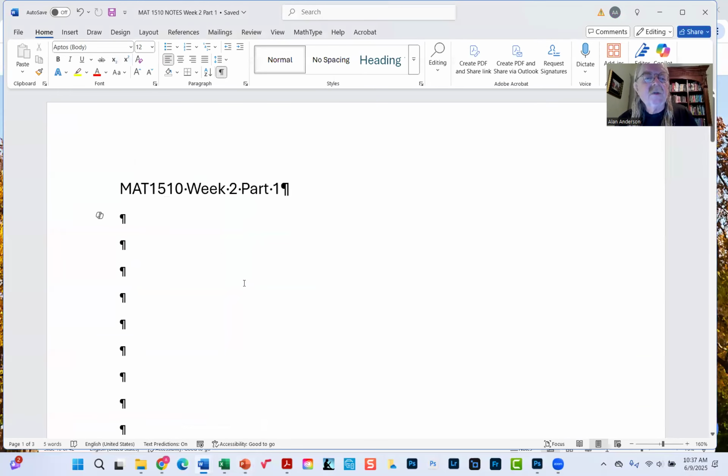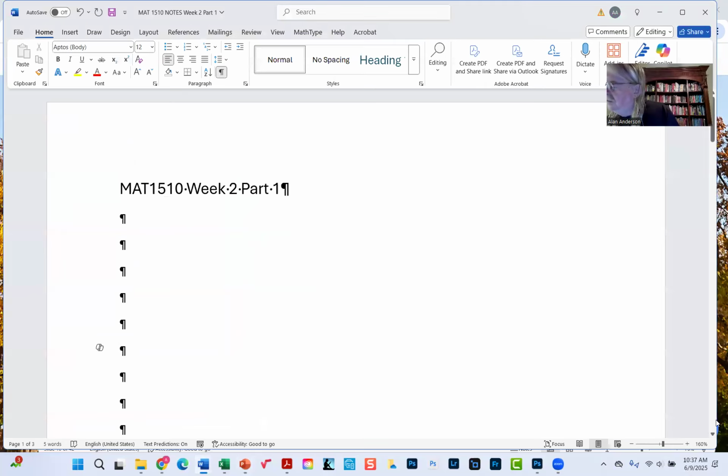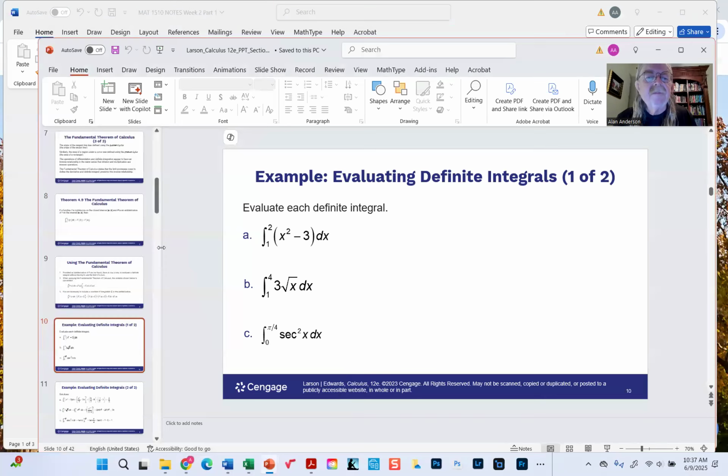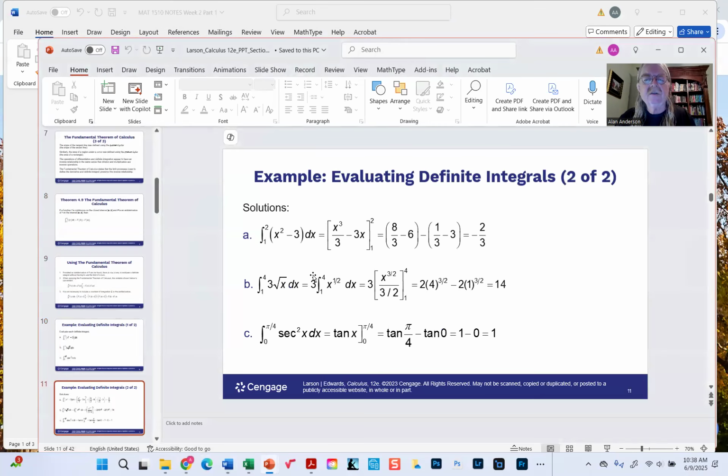All right, so the first one is the integral from 1 to 2 of x squared minus 3 dx. All right, so what we're going to do is calculate the integral.